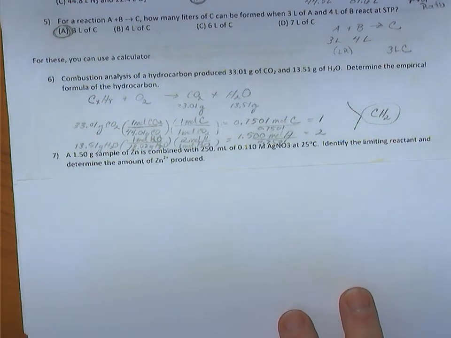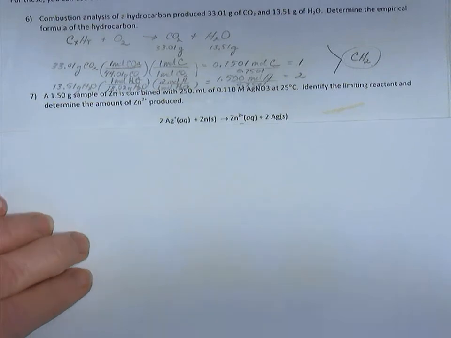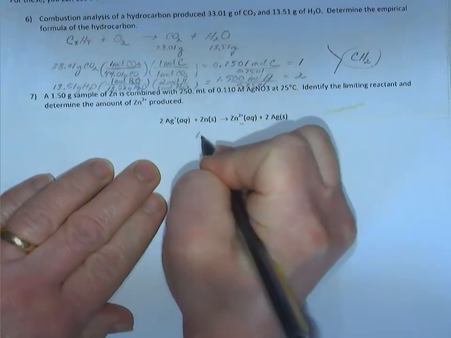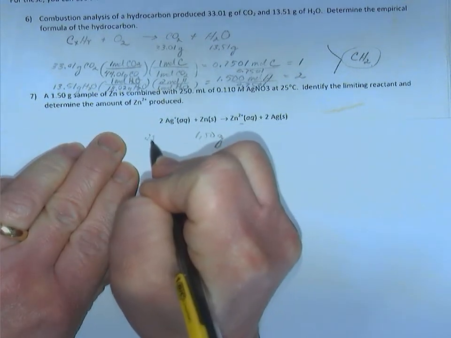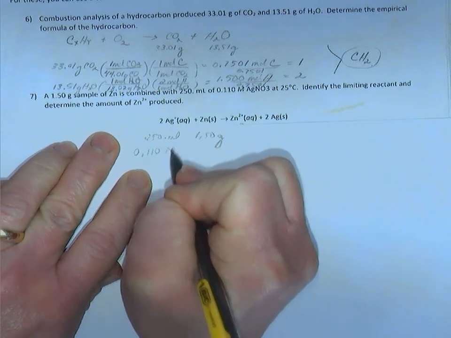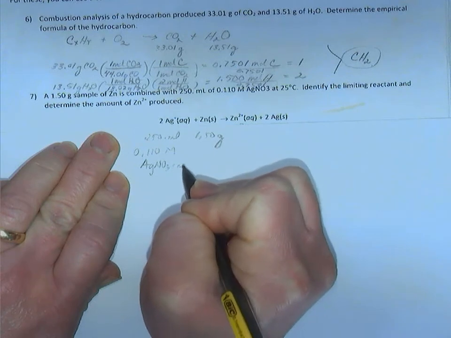So if we look to problem 7, all right, we're given an equation. So we're told that 1.50 grams of zinc is combined with 250 milliliters of 0.11 molar silver nitrate solution. I'm going to put AQ.